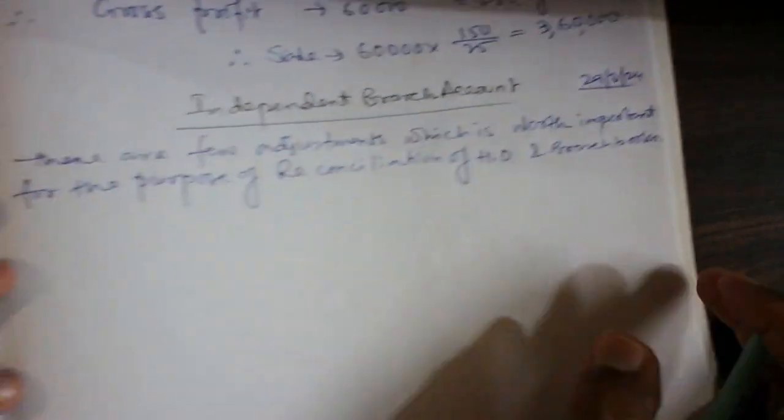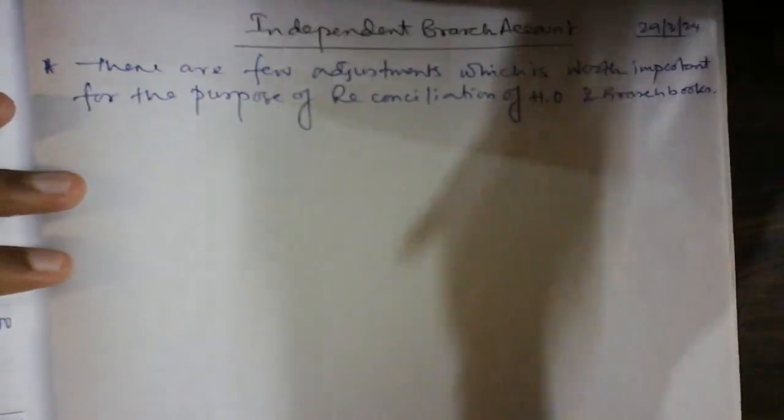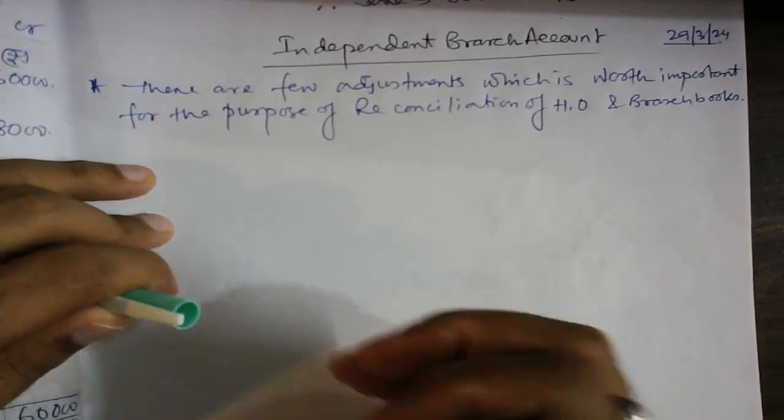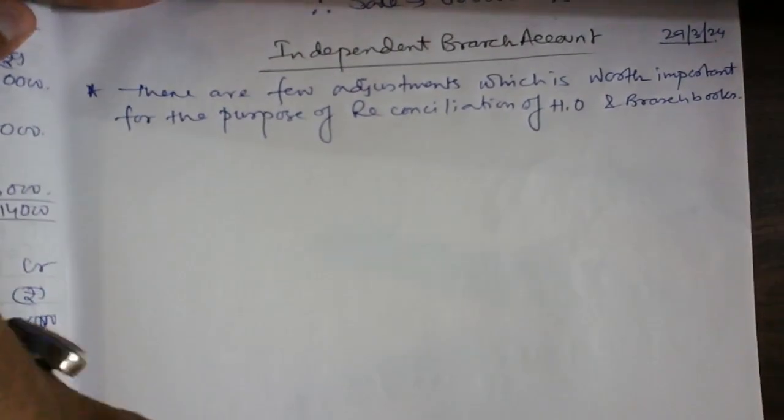These two are worth important in terms of the reconciliation of the HO and the branch books. That is again important. So there are few adjustments which are worth important for the purpose of reconciliation of the HO and the branch books.